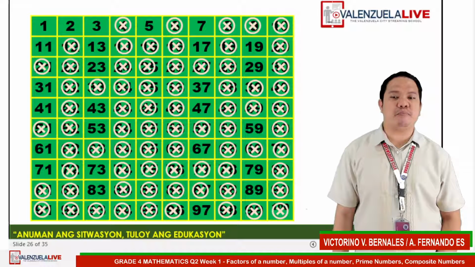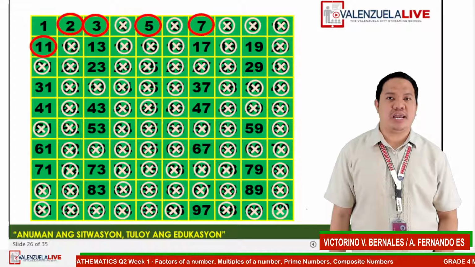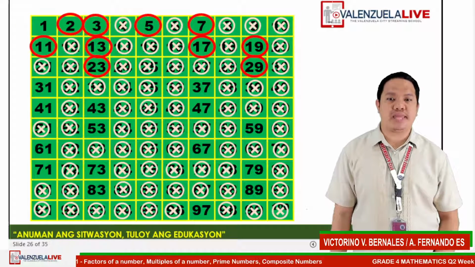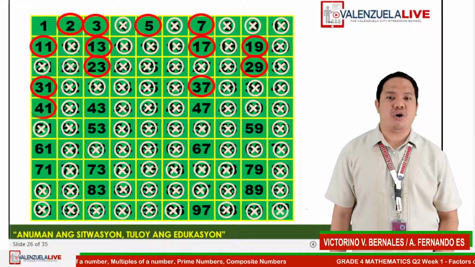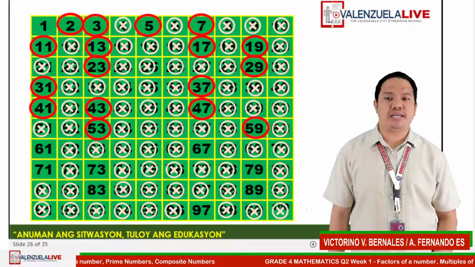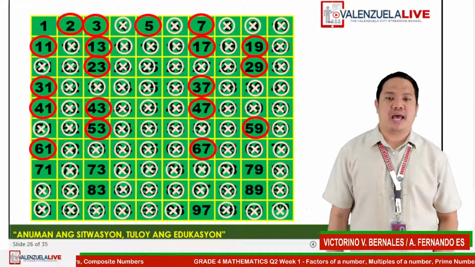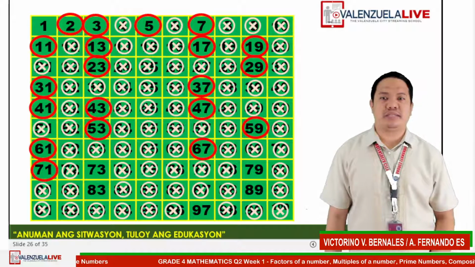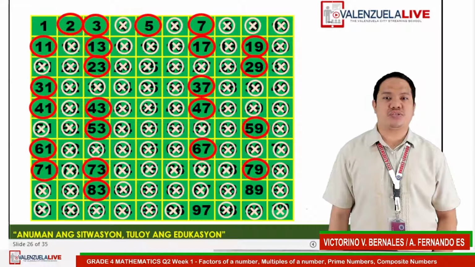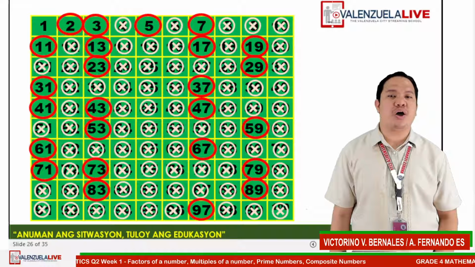Okay, so the remaining numbers 2, 3, 5, 7, 11, 13, 17, 19, 23, 29, 31, 37, 41, 43, 47, 53, 59, 61, 67, 71, 73, 79, 83, 89, and 97 are what we call prime numbers.